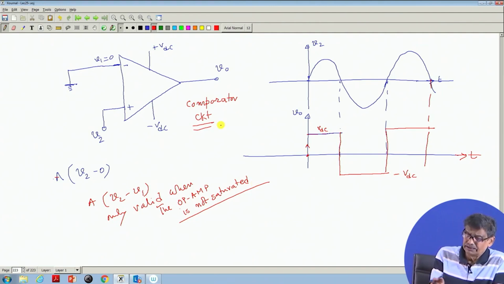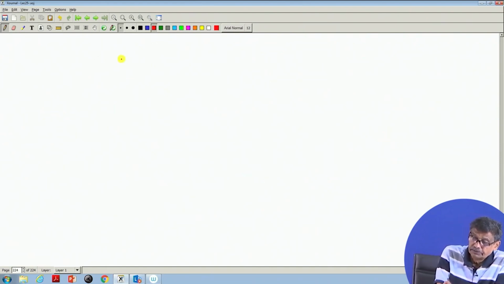Now, this is just no feedback, nothing is used and you have connected like that. However, you can make much more interesting circuits with the property of this op-amp. For example, one like this. I will only tell you the concept. Say this I will write minus. Generally people draw like this.